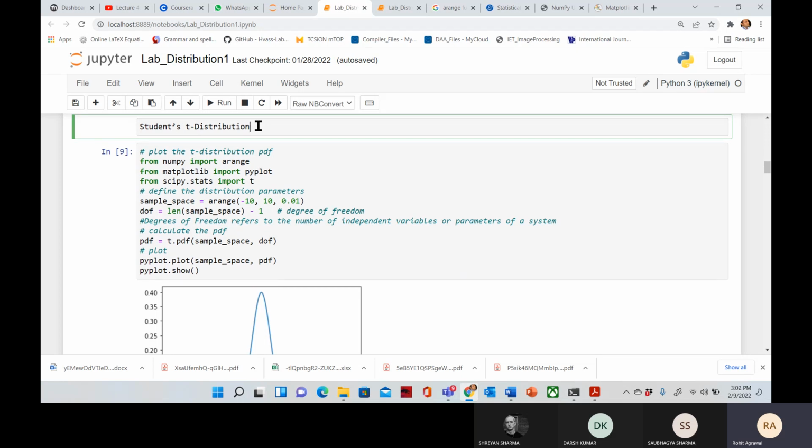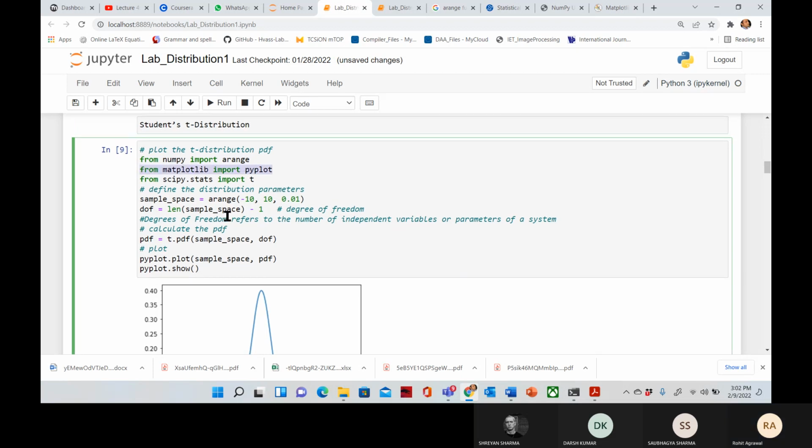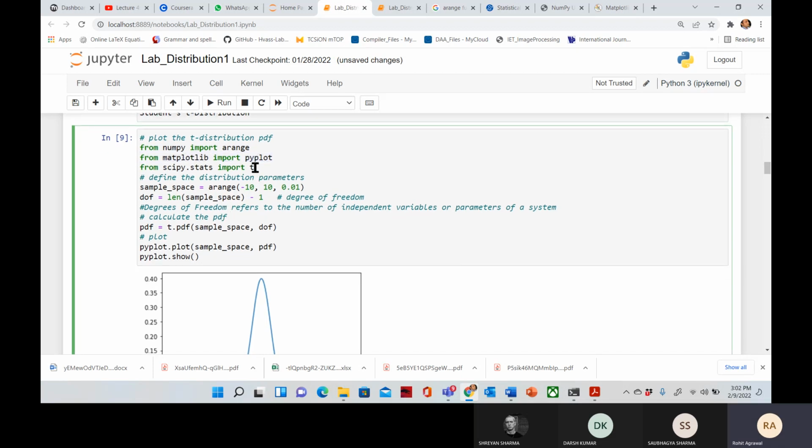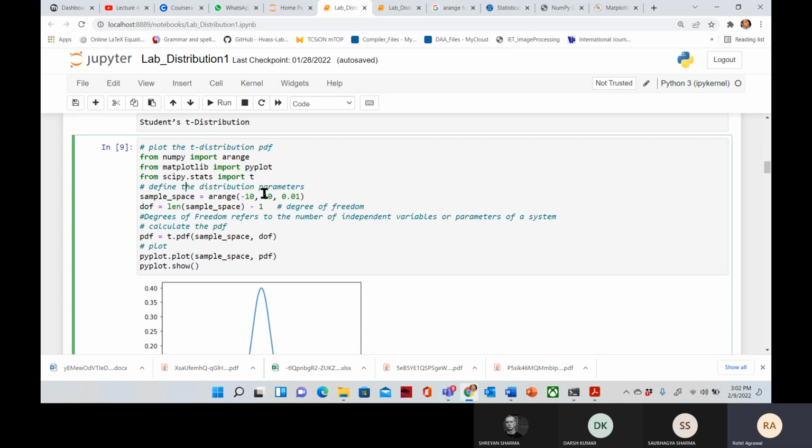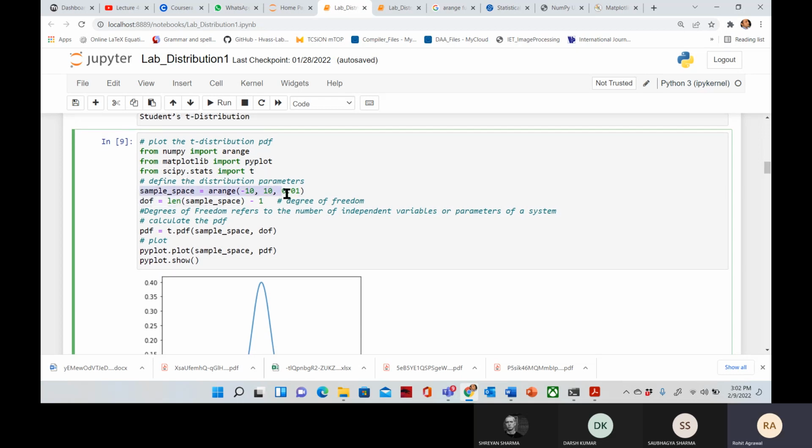The same thing: Python NumPy package for data, and this is for plotting purposes. Instead of norm, which is for Gaussian, t is for Student's t distributions. From scipy.stats import t. Clear? Same thing is the data.